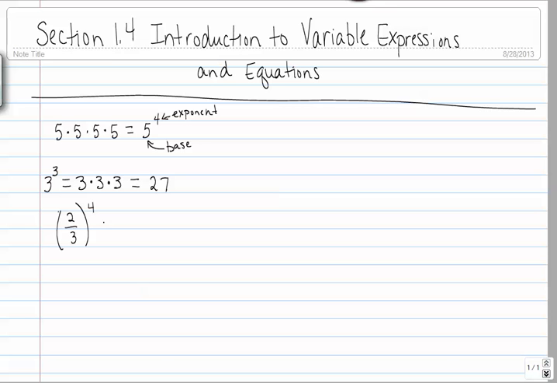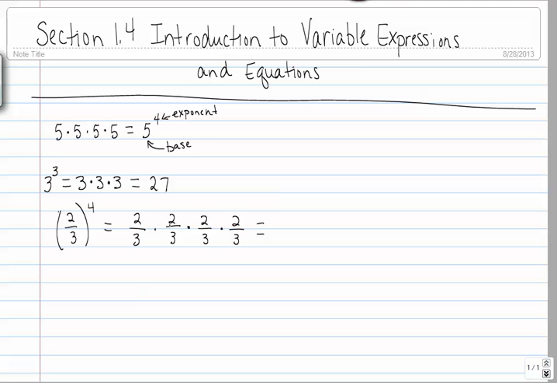If you have 2/3 to the 4th power, that means that you're multiplying 2/3 times 2/3 times 2/3 times 2/3. Multiplying 2/3 times itself 4 times. So on this one, you would just multiply the numerators together and multiply the denominators together.